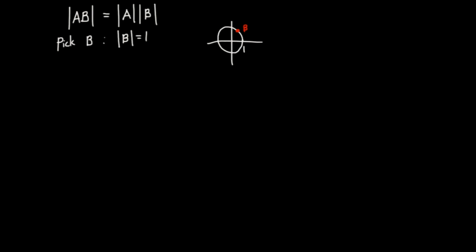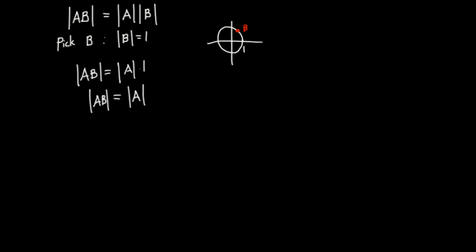Now, if B is selected to be of magnitude 1, what does that imply about the magnitude of AB? Well, we see that the magnitude of AB is equal to the magnitude of A times the magnitude of B, but B was selected to be 1, so it's going to be 1. So what that means is that when I take A and multiply it by B, that magnitude is precisely the magnitude of A.